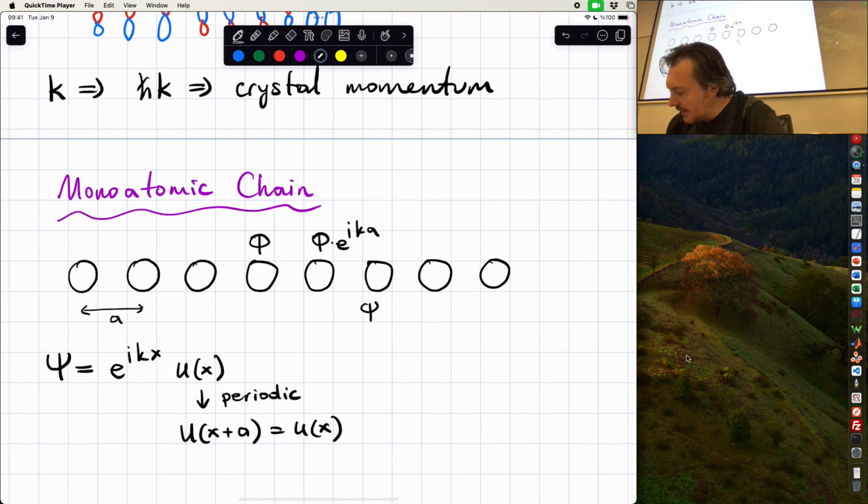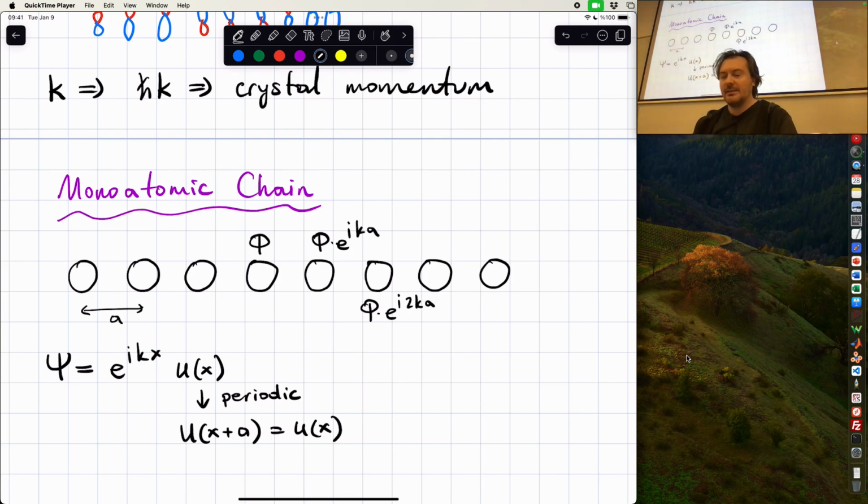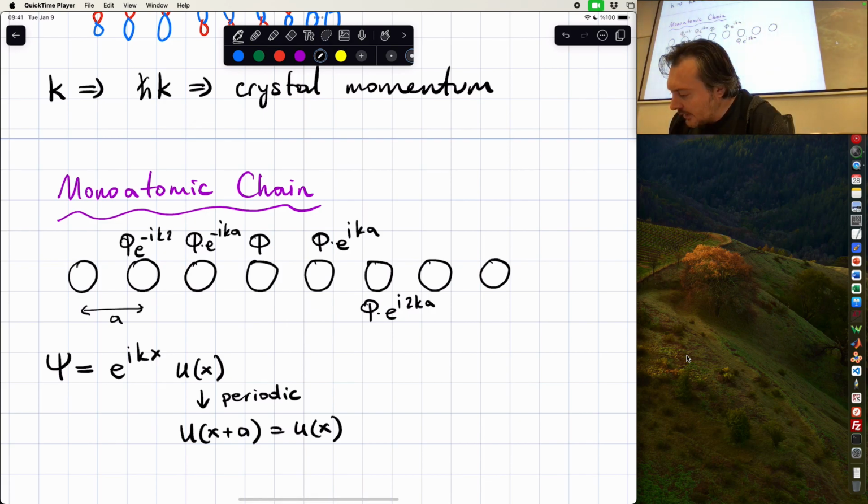So this atom would have around it e to the i2ka, or e to the ik times 2a, whatever, right? What do we have here? We have phi times e to the minus ika, phi times e to the minus ik2a. So far, do you have any questions?